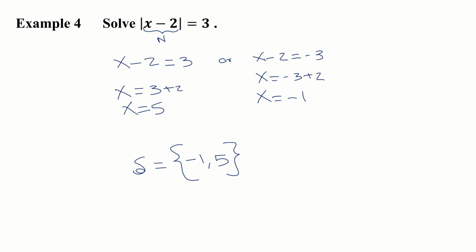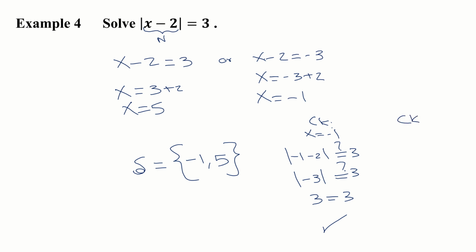All right. Now you can quickly check them if you like. For example, if you want to check x equals -1, we want to see if the absolute value of -1 minus 2 is equal to 3. Now the absolute value of -3, is that equal to 3? Now we know the absolute value of -3 is 3, so we end up with an identity, so it checks out. So it makes the equation true.